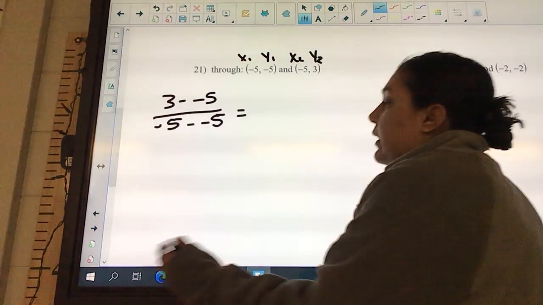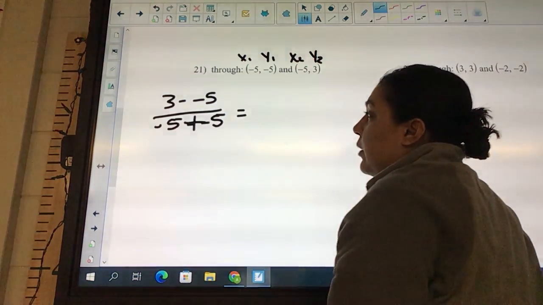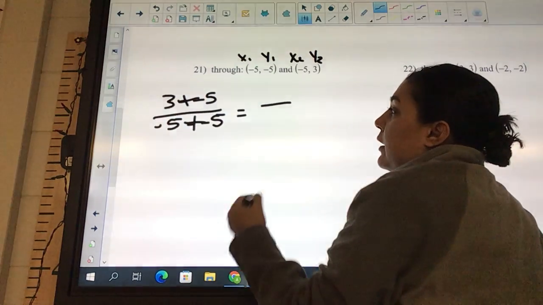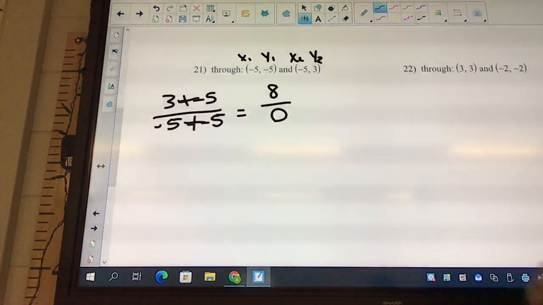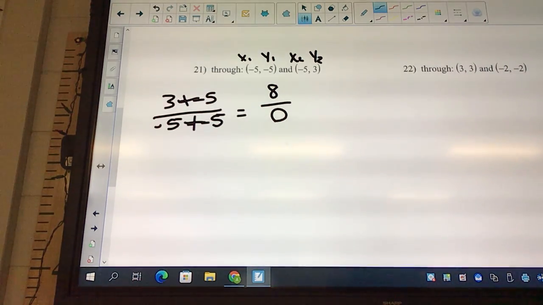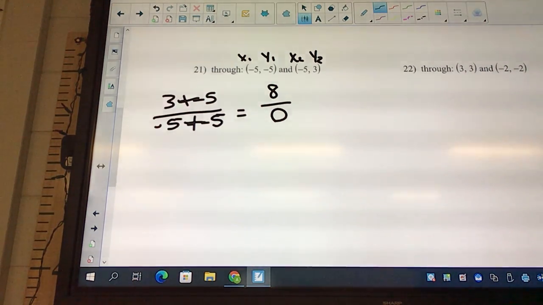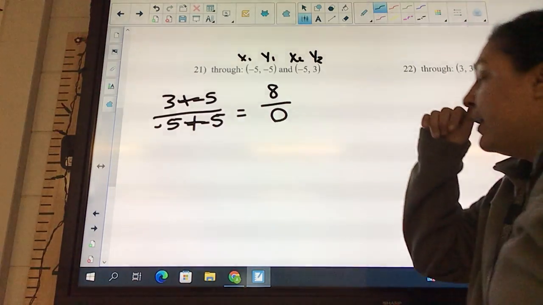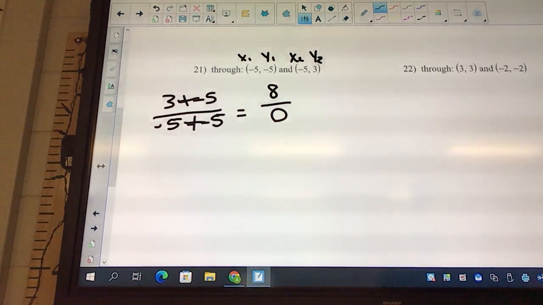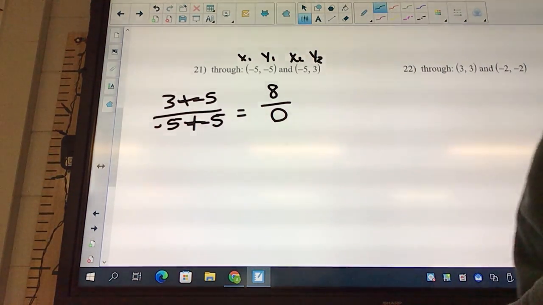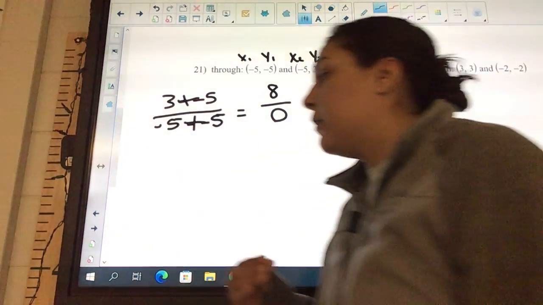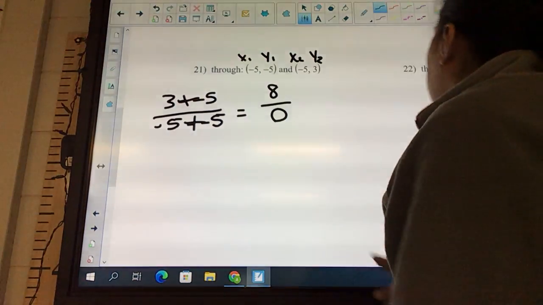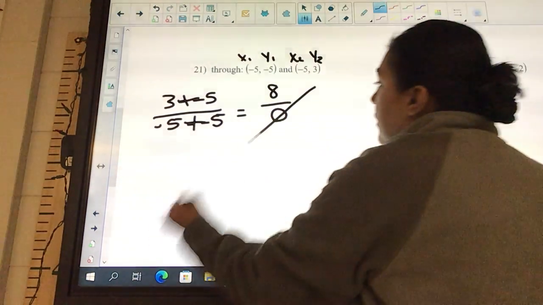If you think about this, this would make it a plus, and this would be a plus, so you'd have 8 over 0. In mathematics, we cannot have over 0. You can't divide by 0. A fraction bar is really saying divide, and so this is one of the ones that I know some of you are going to have questions about, a 0 slope and an undefined slope. So this one, you can cross it off.